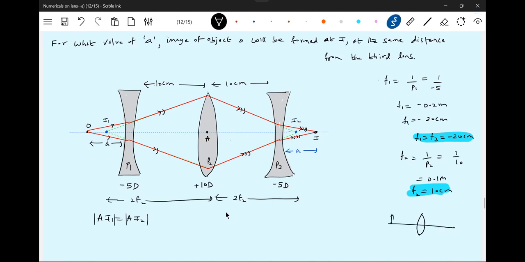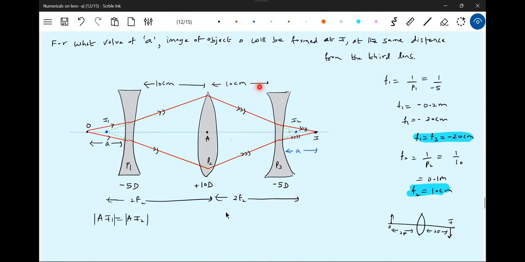If we keep the object here at 2f, the image will be at 2f, of course inverted. That is the basic background. If object is at 2f, image will be at 2f. Therefore, this distance has to be equal, so this has to be 2f2.